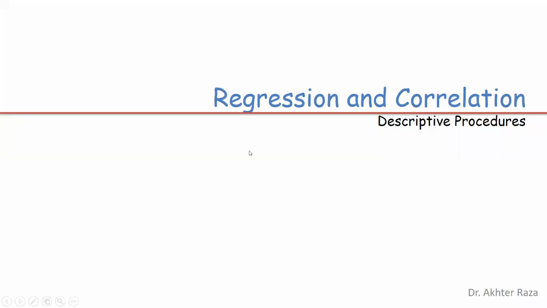Regression and correlation. This is the analysis that we are going to describe whenever we are studying the two variables under consideration. If we have the two variables x and y, both of the variables are scaled in nature.